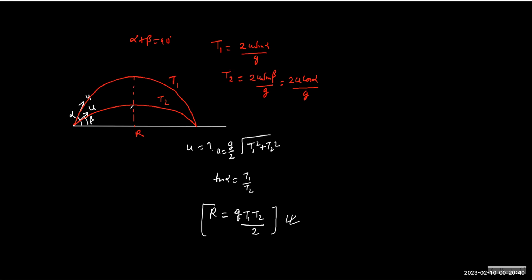They will also have different time of flight and different maximum heights. So one will have the maximum height H1, and the other H2, so they have different maximum heights. So instead of T1, T2, if I give you H1, H2, can you find the same thing again? Yes, sir.